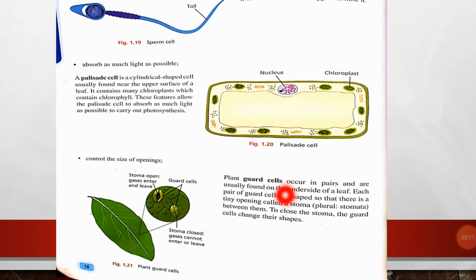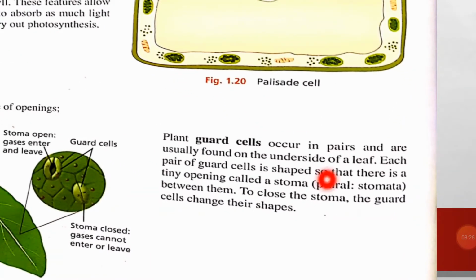But the function of the guard cell is the exchange of gases between the plant body and the environment. It has the stomata here. We can see that each pair of guard cells is shaped so that there is a tiny opening called a stoma between them.